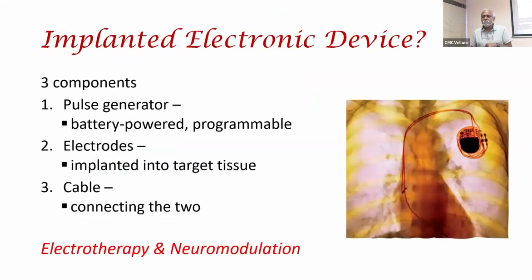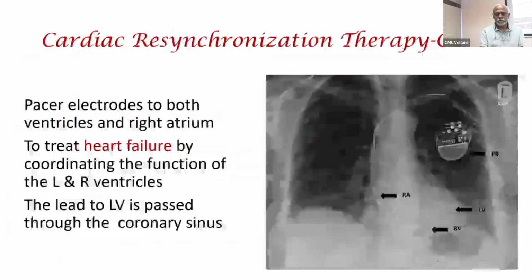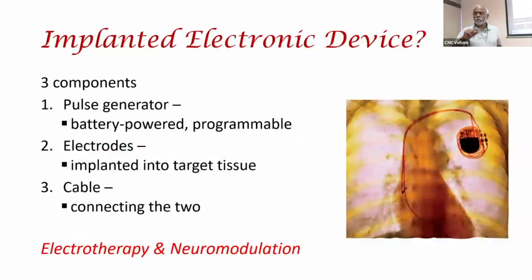So what is an implanted electronic device? I'm sure you're all familiar with. Basically, it has three components. There's a pulse generator, which has got a battery, and the electrodes which are implanted into the target, and the cable which connects these two, right?